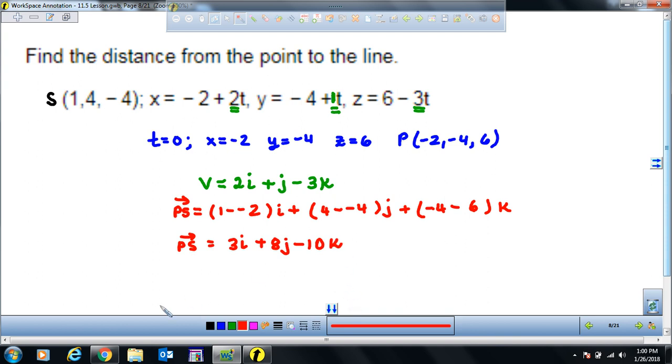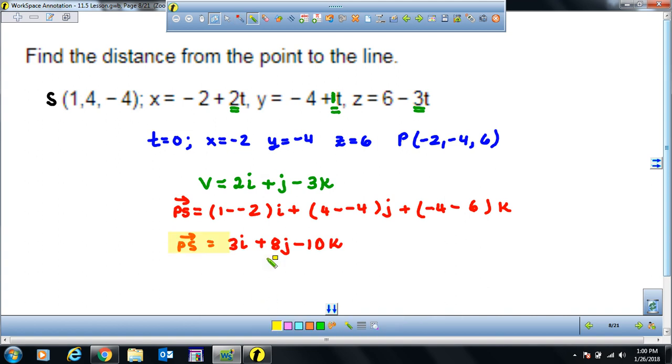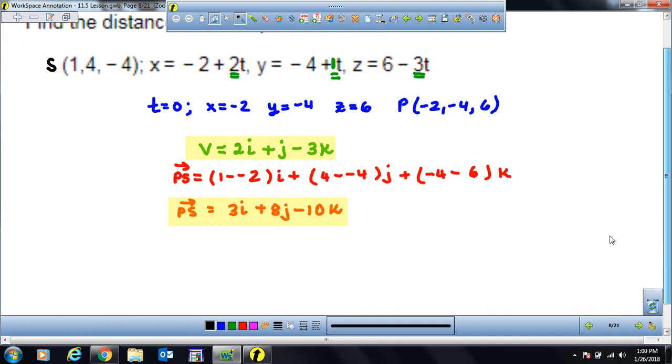Okay. So we already found all the necessary information for us to find the distance from the point S to this line. We already have the vector PS, we already have the vector V, and everything is there. So to find the distance, let's use the formula for the distance.